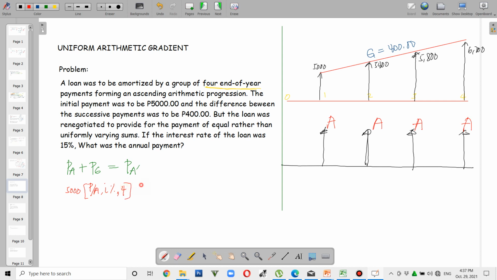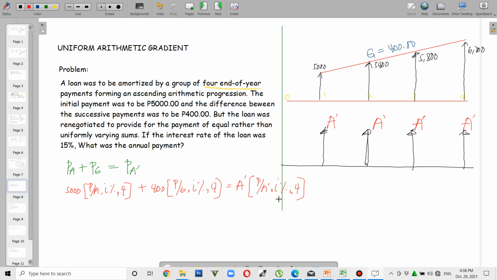Okay. And then plus the gradient, which is equal to 400 pesos, times finding P given G at i% at 4 periods also. So this is equal to the annuity prime. Say this is annuity prime. Annuity prime times finding P given A prime.